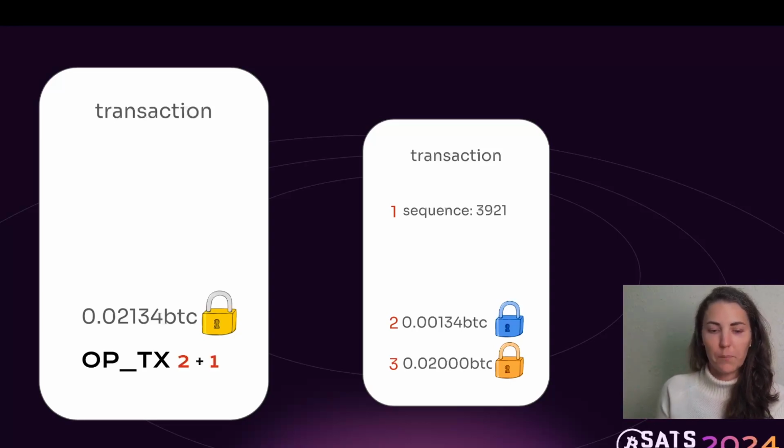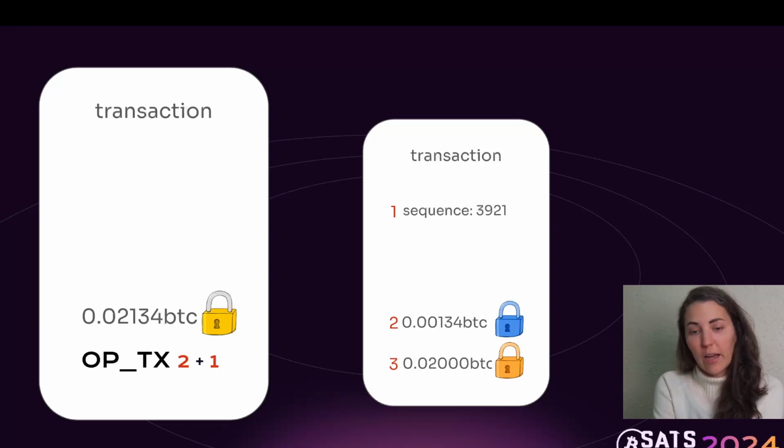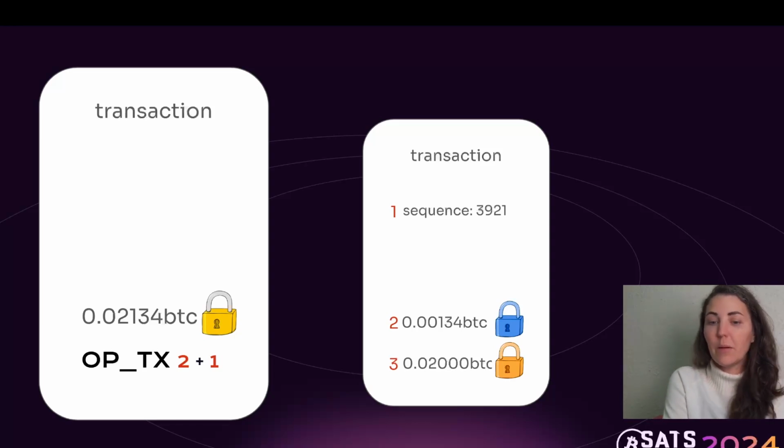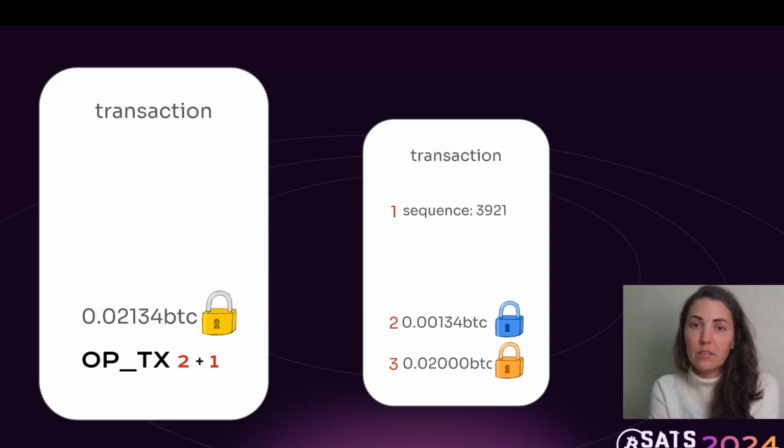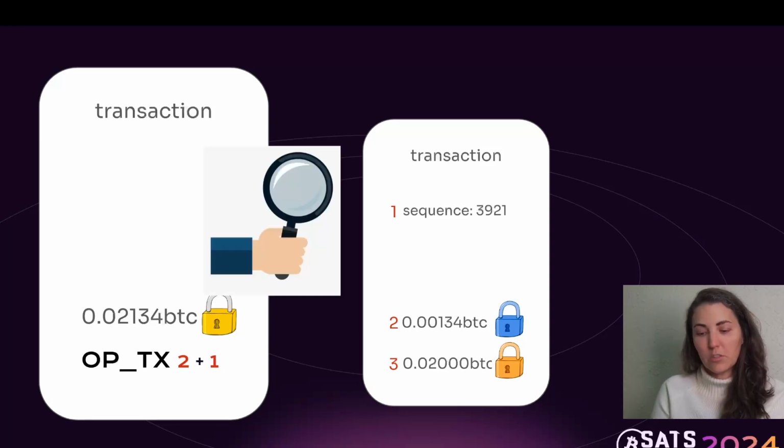So whenever you lock Bitcoin up, you could say, okay, I want to look at field number 2 and number 1. So you could use optx to look at specific fields on the spending transaction without needing to use a bunch of different opcodes. So that's one option. So that's how you'd inspect it.